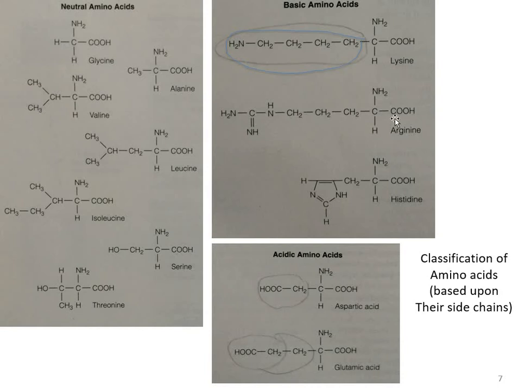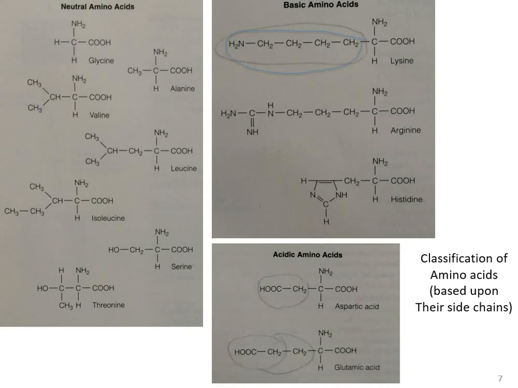Similar to lysine is arginine, it has NH2 at the end. Similar to that is histidine, also have NH2 somewhere there. So the opposite of basic is the acidics, aspartic acid, having the acidic groups there on the R side chain, also glutamic acid.